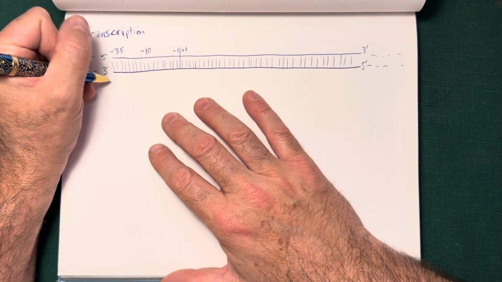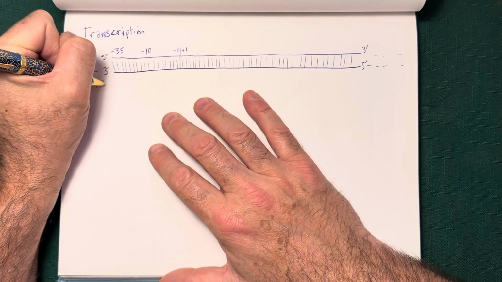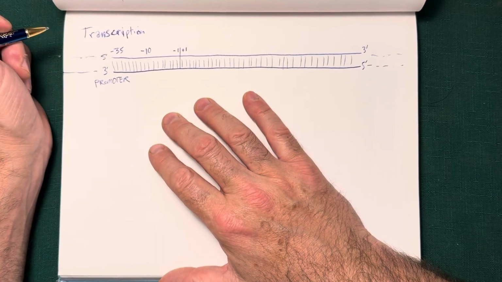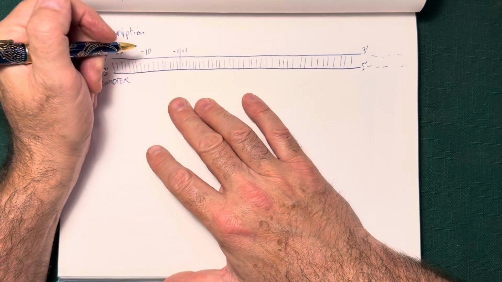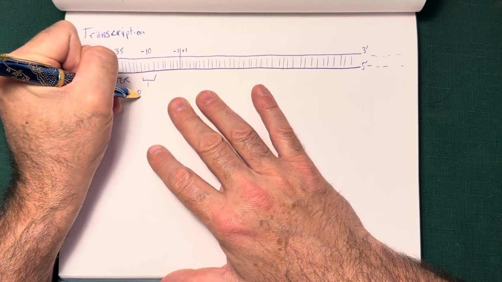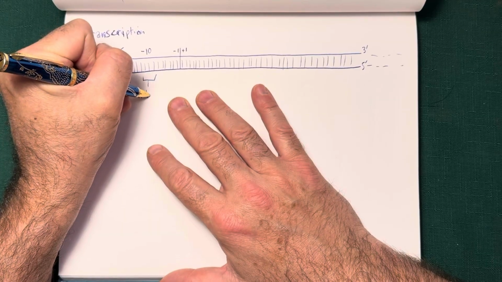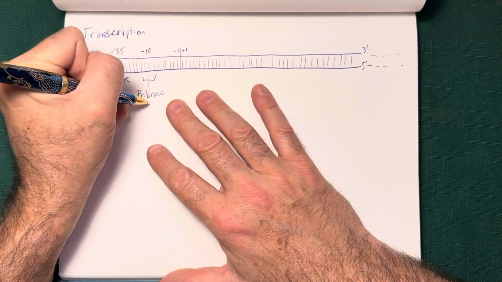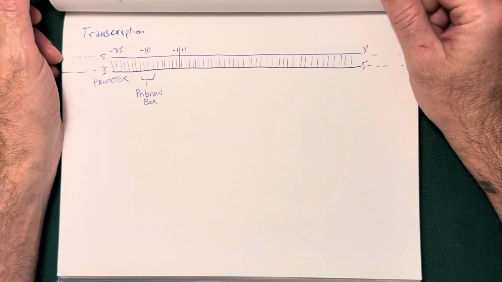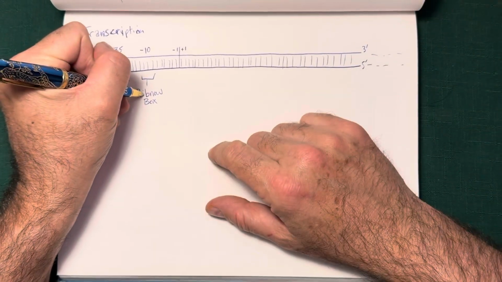Okay, so this region up here is the promoter. And this region at -10 is known as the Pribnow box, which is analogous to a TATA box in eukaryotes.